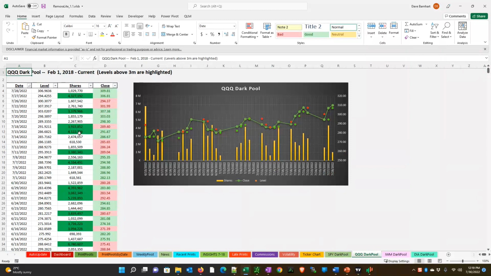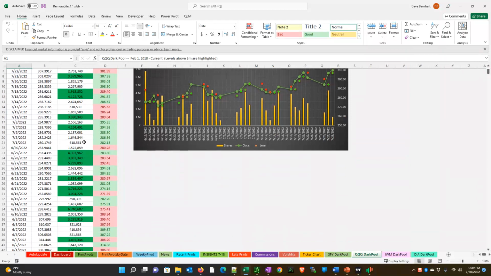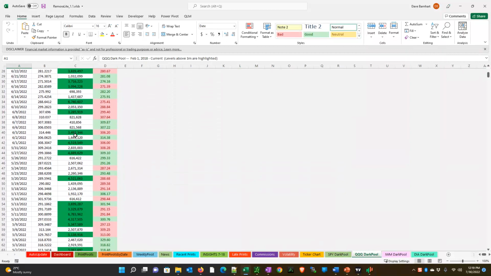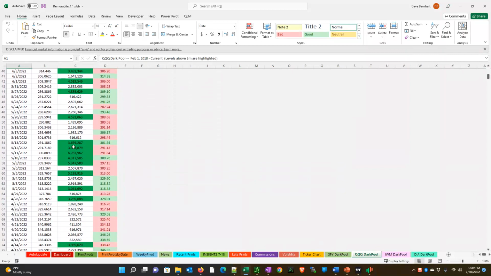Now the Qs seem to be heavier this time comparatively. The dark pool sentiment on the SPY is always heavier. It's very rare where we get nothing. But on the Qs, anything over 3 million is highlighted here because that's usually a big level. But there's been lots and lots of dark pool interest here at these different levels.